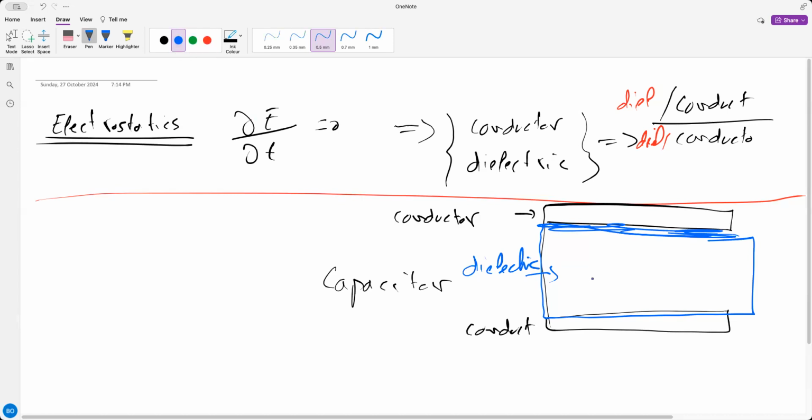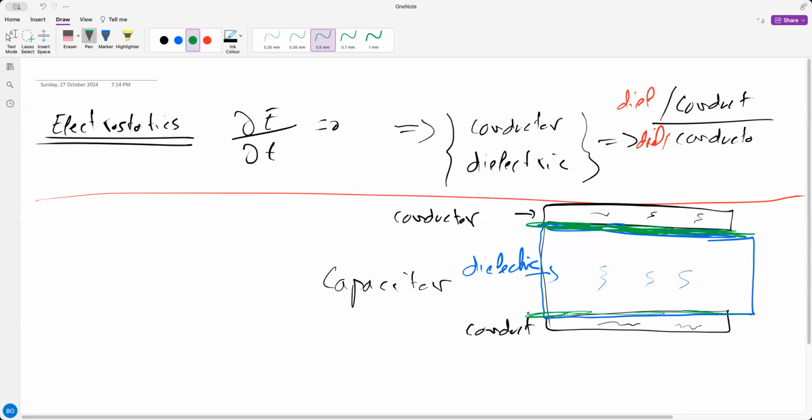Now, what is interesting for me, I can easily calculate the electric field here inside. Of course, the electric field here, I will talk about it later. But what is very important for the simulation and the application I will be doing is what happens in the boundary? What happens to the electric field at the boundaries?